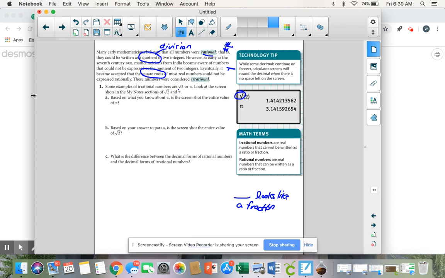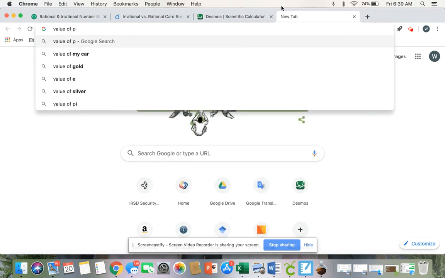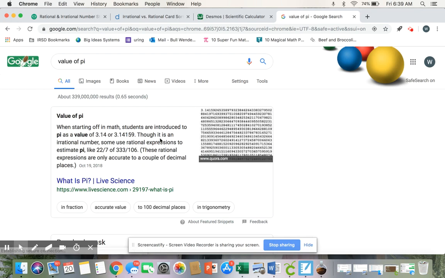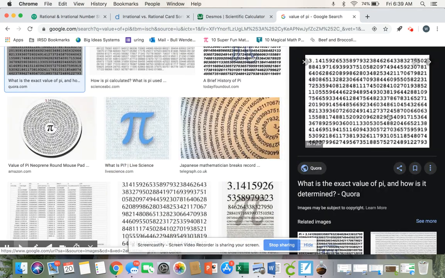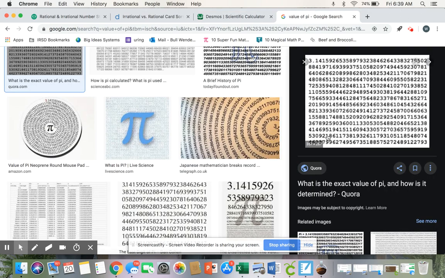Some examples of irrational numbers are the square root of 2 or pi. Let's type in pi in our calculator. So we see this number pop up. However, if I Google the value of pi on my computer, I see that pi actually has all of these numbers. So what happened in my calculator?